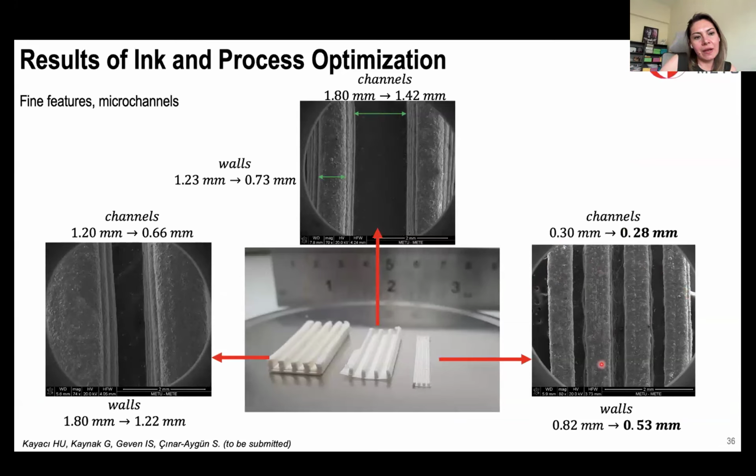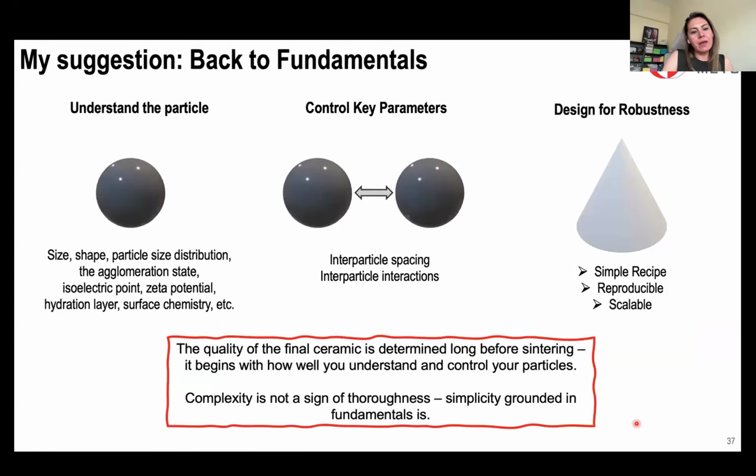Here we just demonstrate microchannels, and you see the printing of two lines next to each other with a thickness of 0.5 millimeter. Just one line is about 200 nanometers thick, which is quite high resolution for direct ink writing under atmospheric conditions.